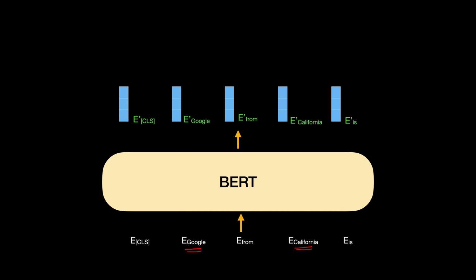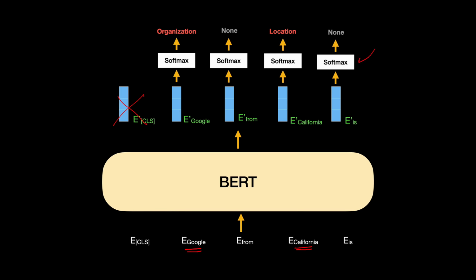So you want to capture the information like names of the organization, people, date, locations, etc. For this kind of problem, the output produced by CLS is not going to be useful, because this is not sentence level classification, but it is a token level classification. In this kind of problem, we simply ignore the CLS output and we simply use the output produced by the words of the input. We apply a linear and softmax layer on it, which will classify it in a particular category. So this is how the output layer changes in BERT.